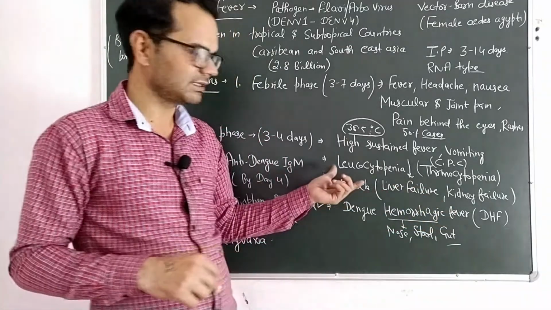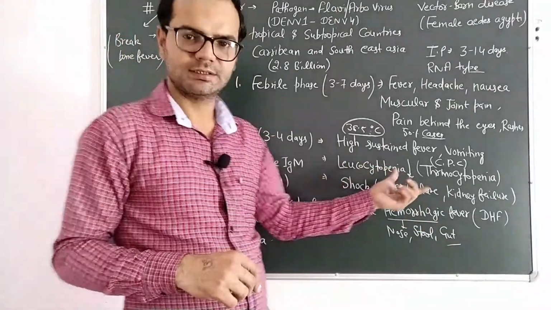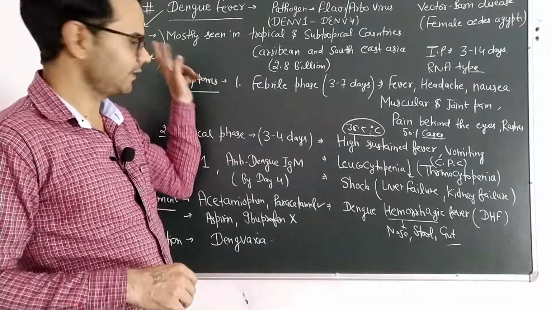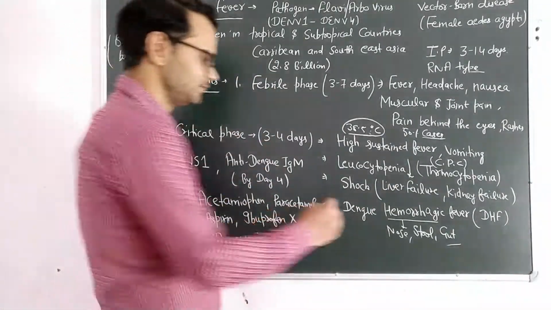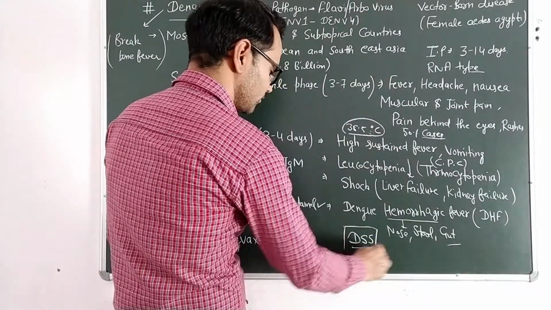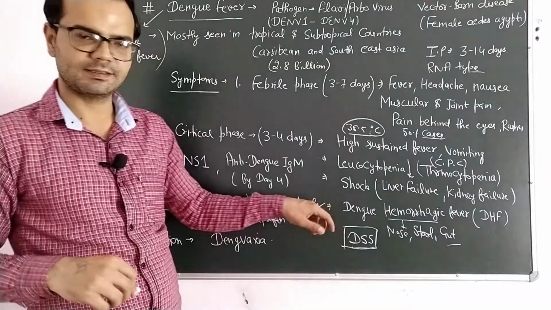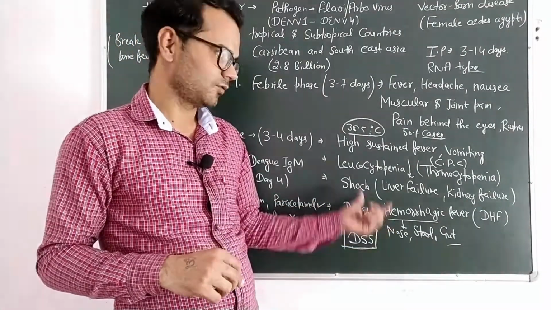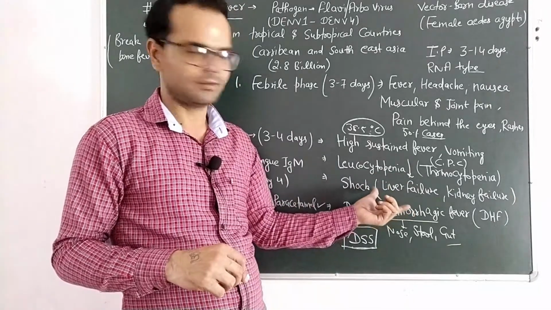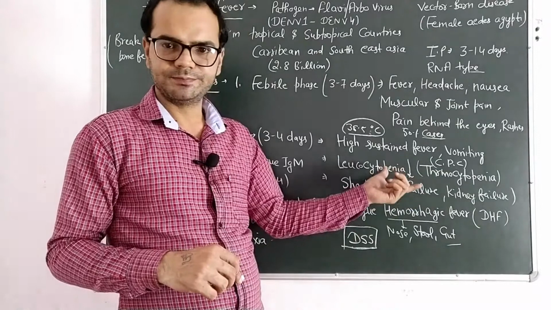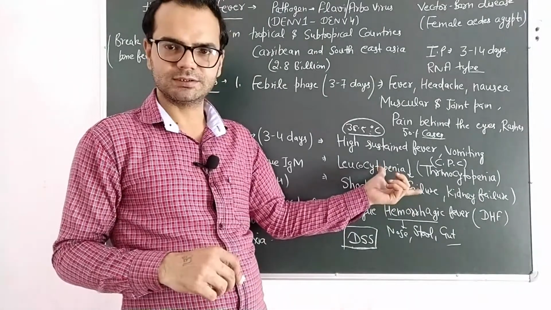And due to shock condition, due to failures of organs, dengue fever is also known as DSS, dengue shock syndrome. So you can understand the person will die if no treatment is given to that patient.